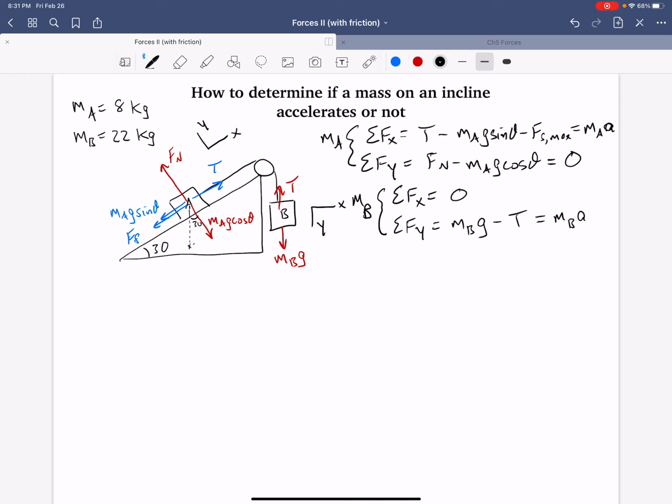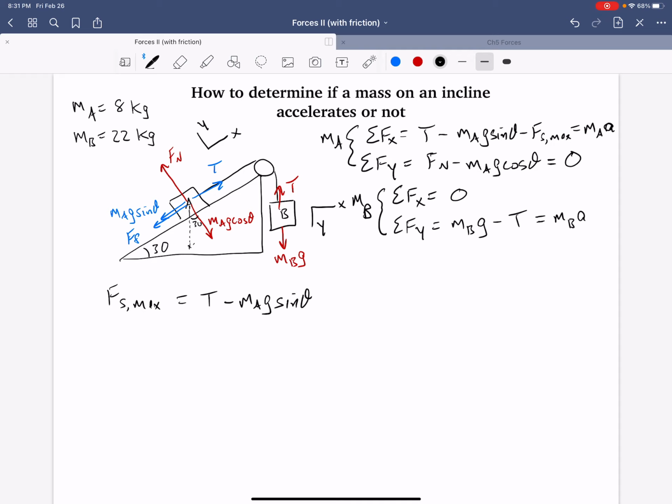Now, again, the question is: is Fs max greater than all other forces in that direction? So we're going to solve this equation for Fs max, right? So solving that should give us tension minus mag sine theta.